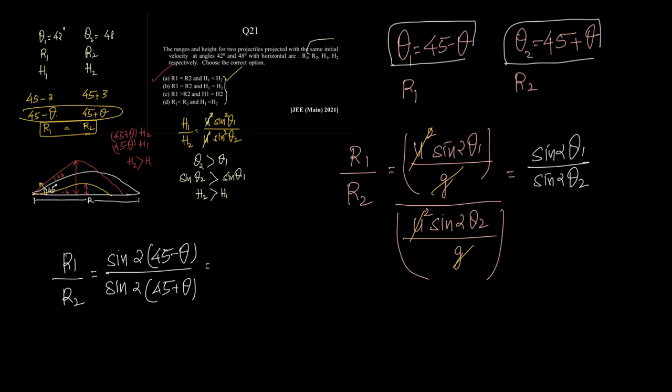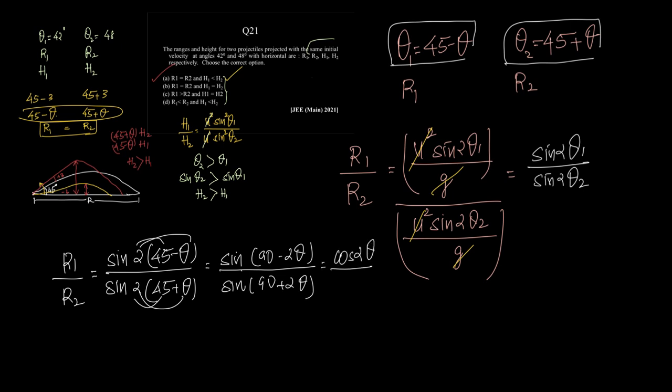Now you can multiply this inside. 2 into 45 is 90, and 2 into minus theta is minus 2 theta, so you get sine 90 minus 2 theta, by sine 90 plus 2 theta. What is sine 90 minus 2 theta? It is cos 2 theta.